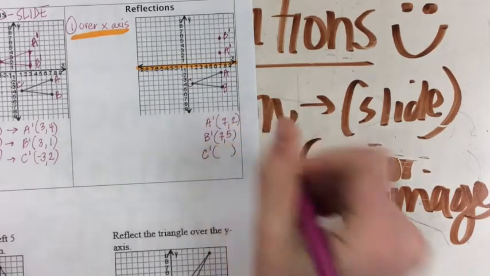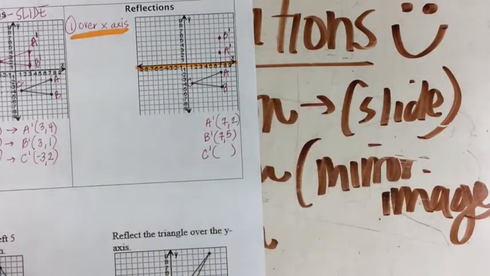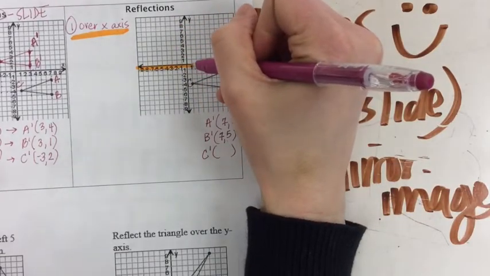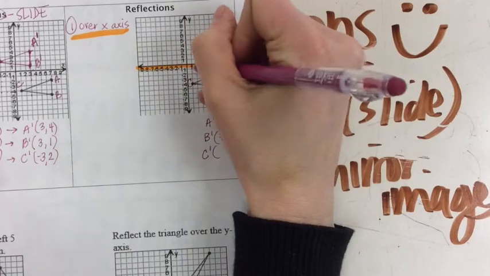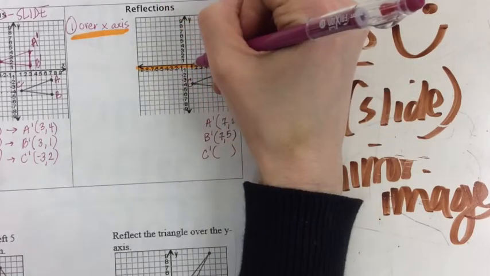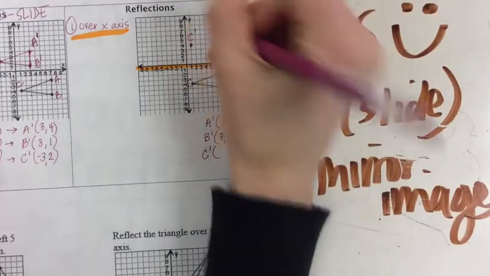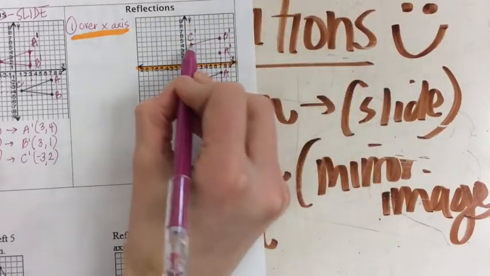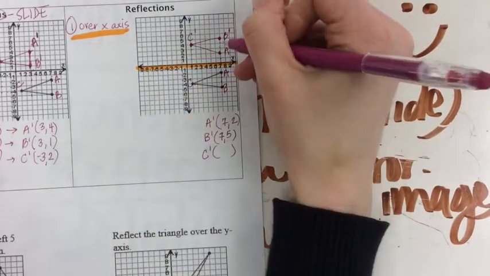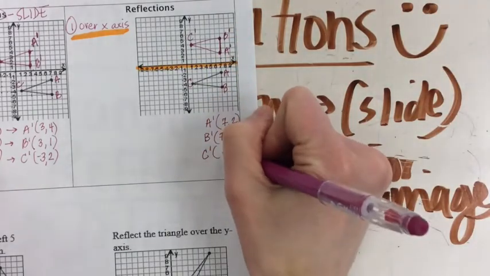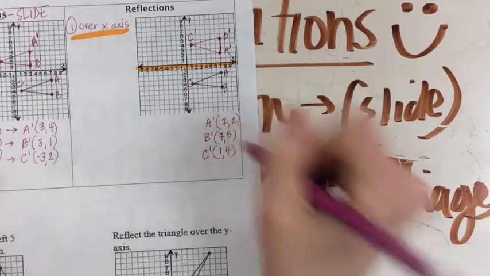Let's see if that same pattern continues with C. So here's C. It's at 1 comma negative 4, which means I'm 4 away in this direction, and now I'm going to go 1, 2, 3, 4 away in this direction. So here's my C prime. I'm going to connect these, and there we go. So that is at 1 comma 4.